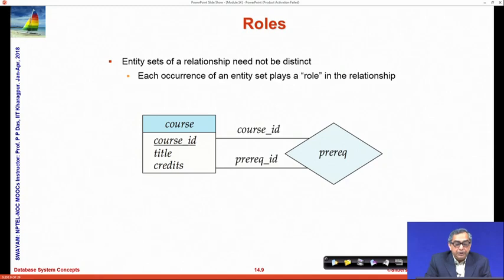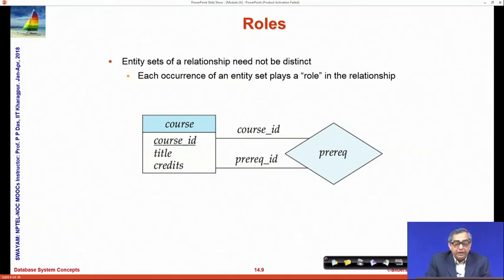So, as an example, we show the entity set course which has a relationship prerequisite which takes a course ID and relates it to another course ID called the prerequisite ID, because obviously if a course has a prerequisite, then that prerequisite itself is another course ID which must occur in this table itself.